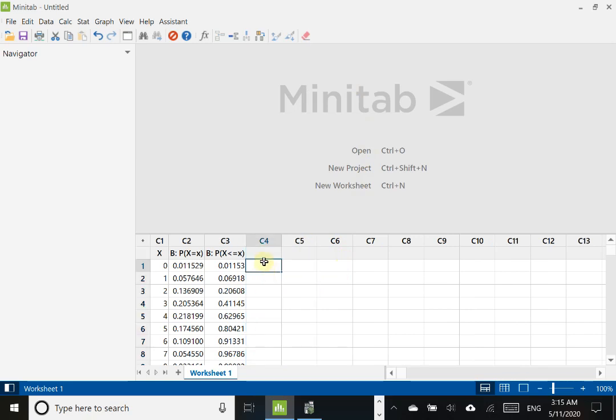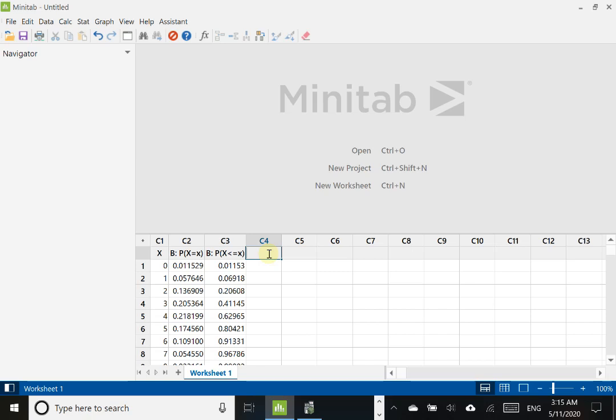So let's actually create a Poisson distribution. I'm going to label this as PO for Poisson. Double click PO, and let me see why this isn't responding.